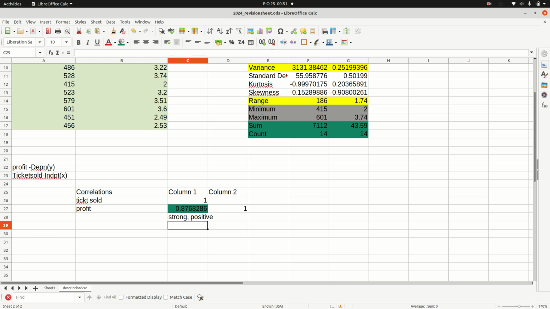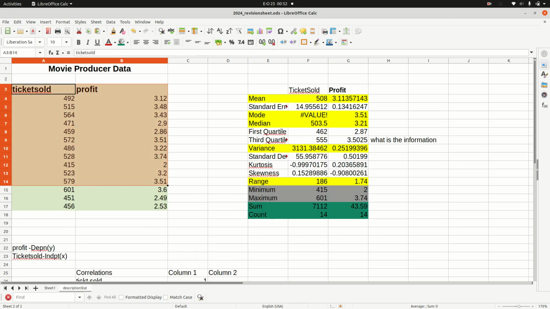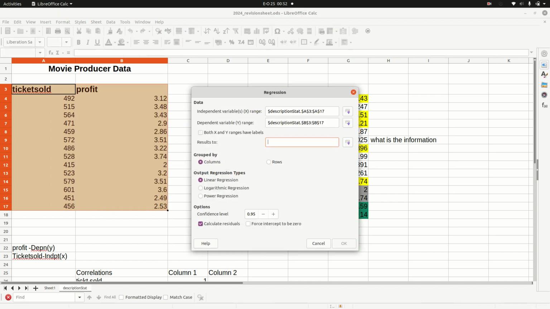Let's look at regression. I will select the same data. I move to the statistics, but I don't select correlation. I go to regression. You must be careful here. It's asking for the independent variables as x. It has picked my first column. Luckily for me, that is indeed my independent variable, so I'm good to go.